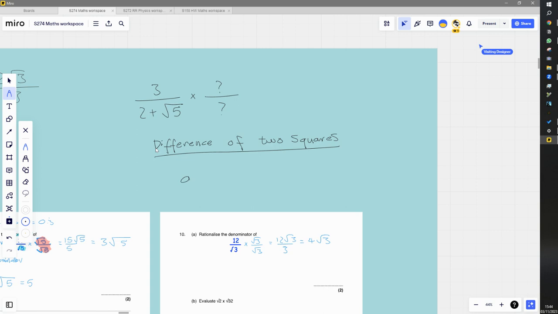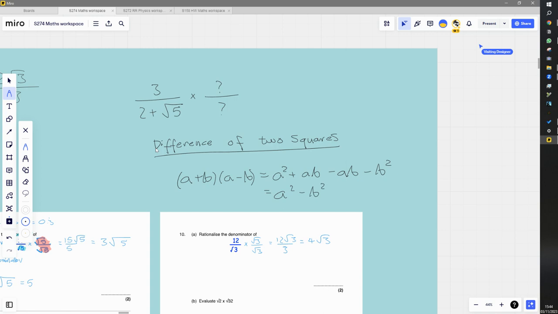If I had a plus b multiplied by a minus b, and I expand that, I would have a squared plus a times b, or b times a, then minus a times b, and then minus b squared. Now you can see the two terms in the middle cancel out. So I just end up with a squared minus b squared.